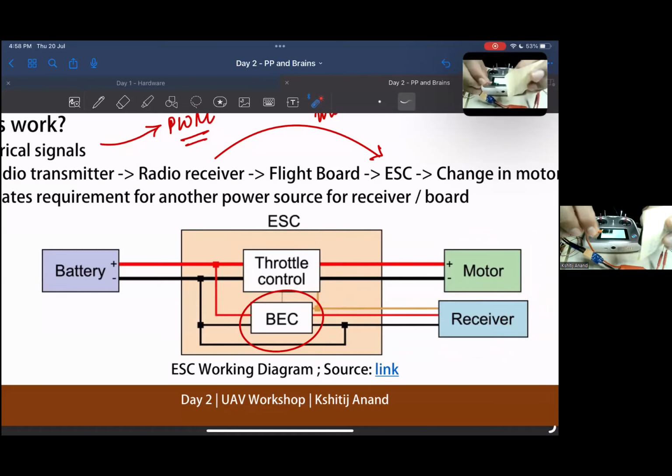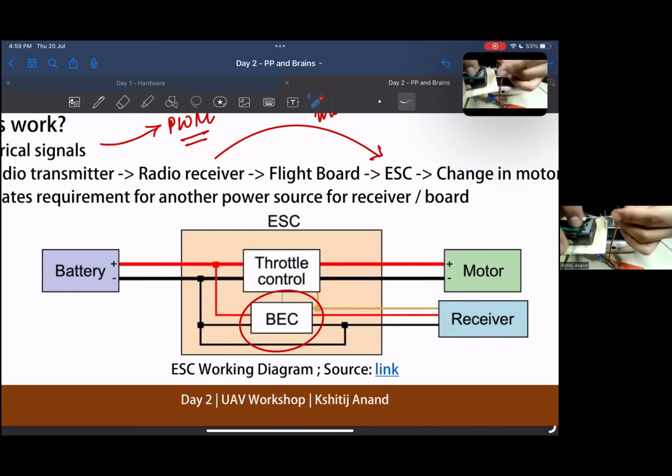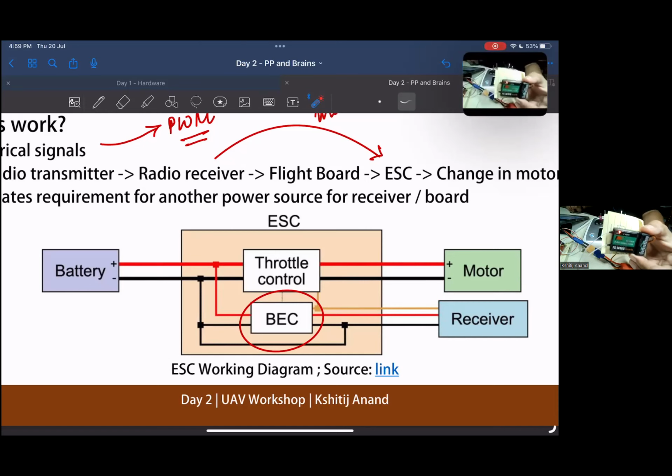Always keep in mind that these are three wires: the brown one is ground, the red one is positive 5 volts, and the yellow one is the control signal. I'll just plug it in, and as you see, the receiver has lit up and it's not blinking right now.